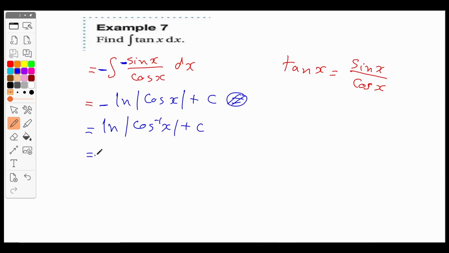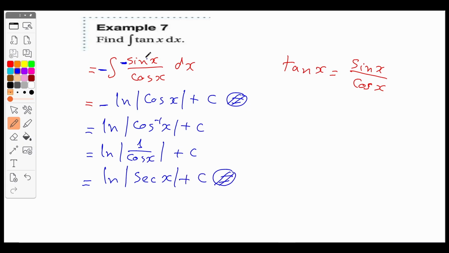You know that cosine to the power minus 1 is 1 over cosine x, and 1 over cosine is secant. So ln of the modulus of secant x plus c. So you should know that the integral of tan x is negative ln of the modulus of cosine x plus c, or equal to ln of the modulus of secant x plus c.